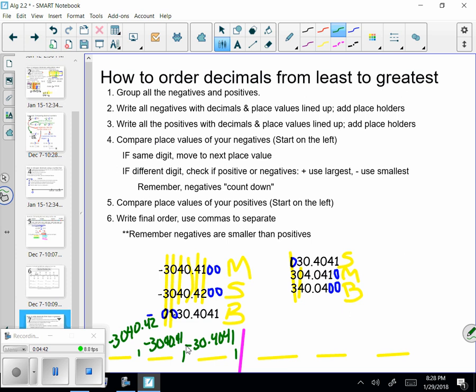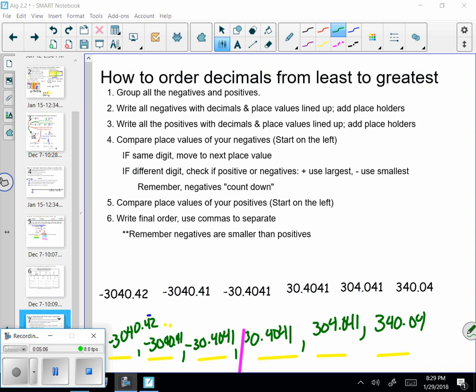Smallest of my positives, 30.4041, comma, 304.041, comma, 340.04. It's a bit sloppy because I ran out of room for writing, but we can see the order that they would go in.